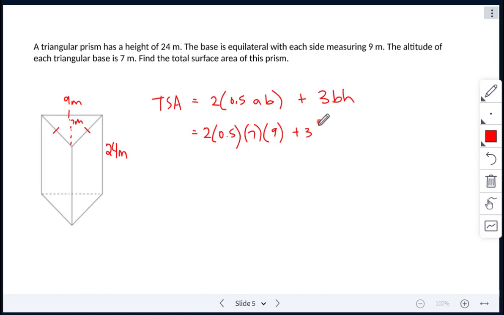And then we have three rectangles measuring 9 times 24, all three of them. So we'll put that into the calculator. 2 times 0.5 times 7 times 9, that gives me 63. And then 3 times 9 times 24, that is 648. Then just add that up, and we get 711 meters squared.